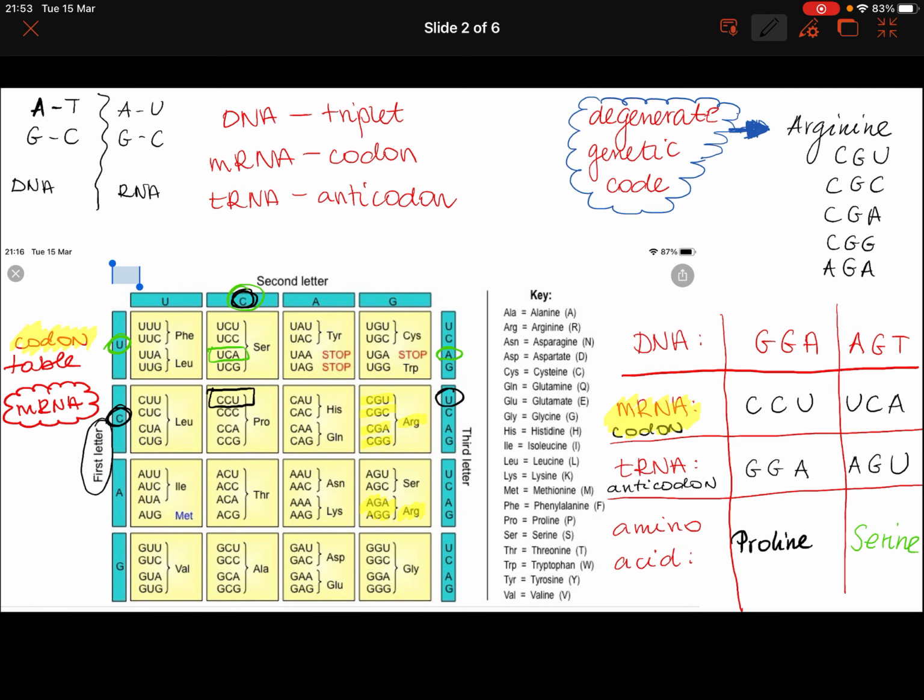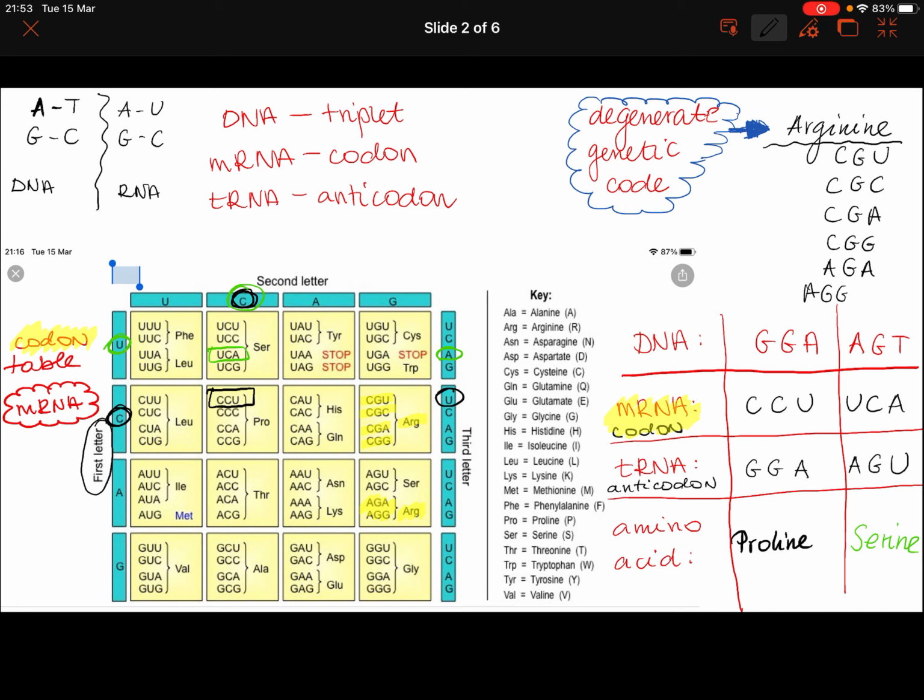So I've got AGA and AGG. So one more time, degenerate genetic code stands for the fact that one amino acid can be coded by more than one triplet codon.